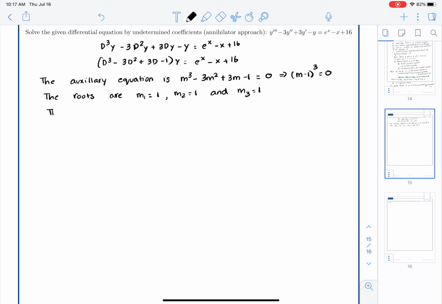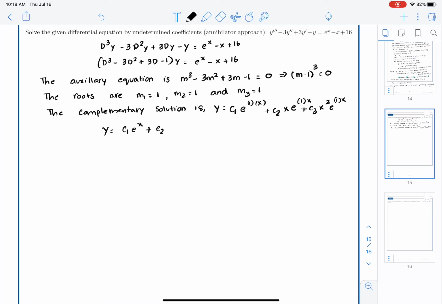So the complementary solution is y equals c1 e raised 1 times x plus c2, these are repeating roots, x times e raised 1 times x, c3 x squared e raised 1 times x. So y is c1 e raised x plus c2 x e raised x plus c3 x squared e raised x.